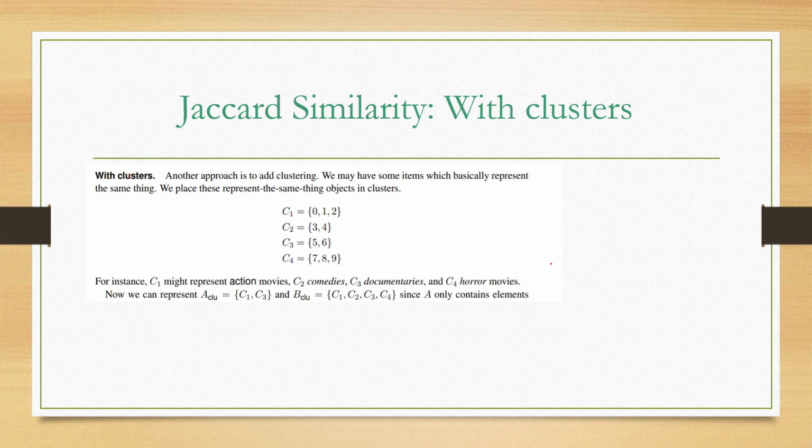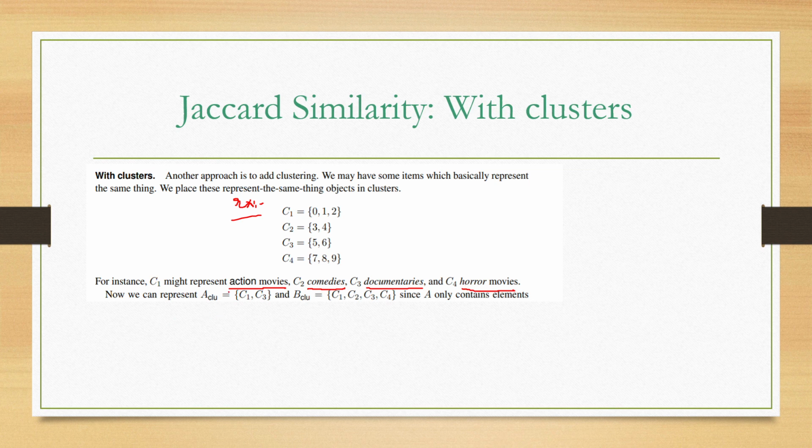Next, Jaccard similarity can also be applied with clusters. So if there are say 4 sets given to us, C1, C2, C3, C4, and we say that C1 represents some action movies, C2 is representing comedy movies, C3 is representing documentaries, and C4 is representing horror movies.